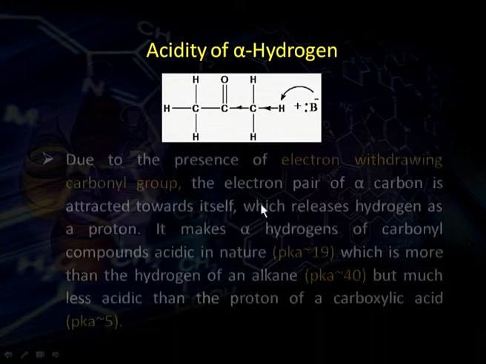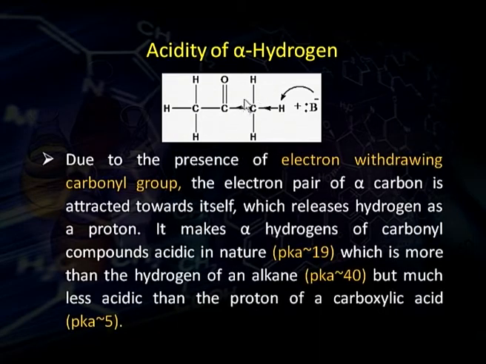When these alpha hydrogens are attached to the carbon next to the carbonyl group, this carbonyl group acts as an electron withdrawing group. This attracts the electrons from this carbon-carbon bond towards itself and makes the alpha carbon electron deficient.